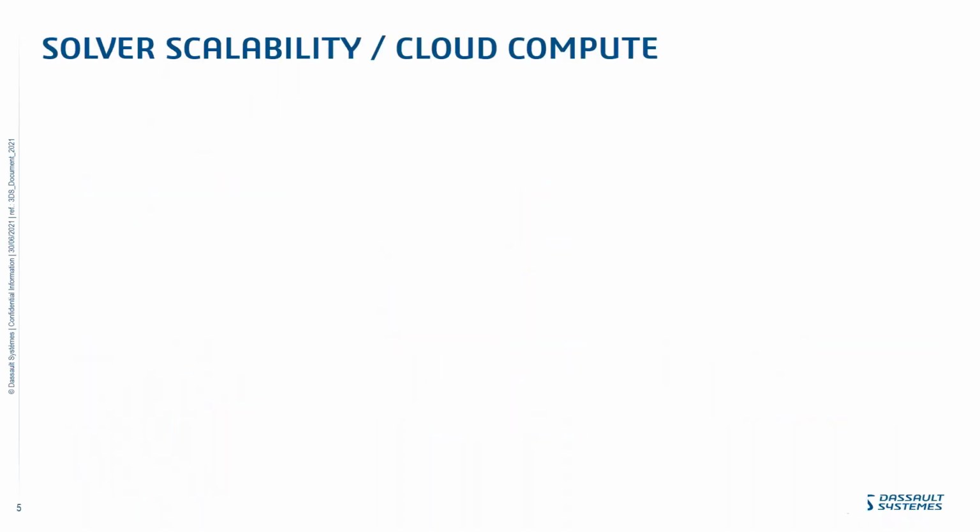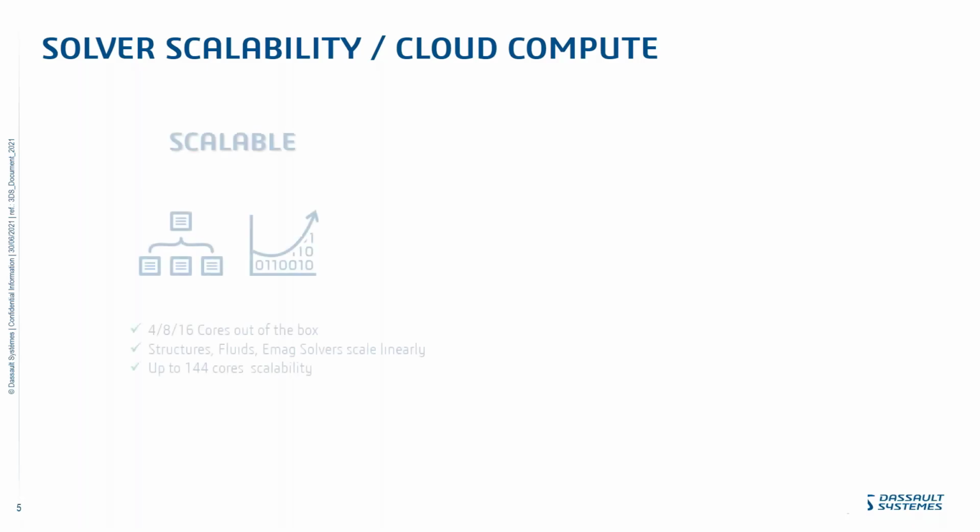And then on the scalability side, I think that's one of the big value add-ons of Fluid Dynamics Engineer, because it's on the 3DEXPERIENCE platform. You get access to solver scalability, being able to scale your simulations using multiple cores. Out of the box, depending upon the package, Fluid Dynamics Engineer allows you to use 16 cores.